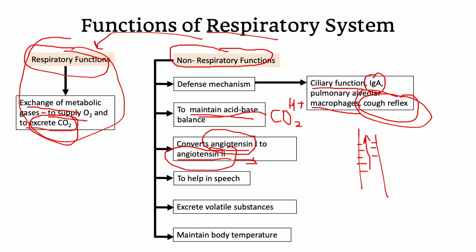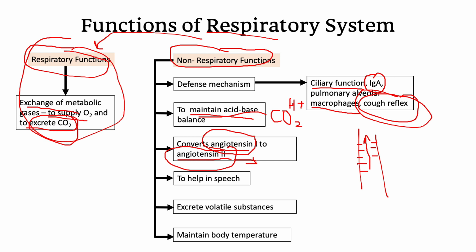In order for angiotensin 1 to be converted into angiotensin 2, it needs an enzyme which is the angiotensin converting enzyme, which is available in the lung. So this is how the respiratory system helps in the BP regulation.